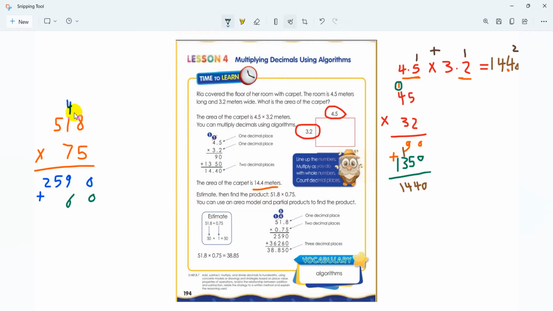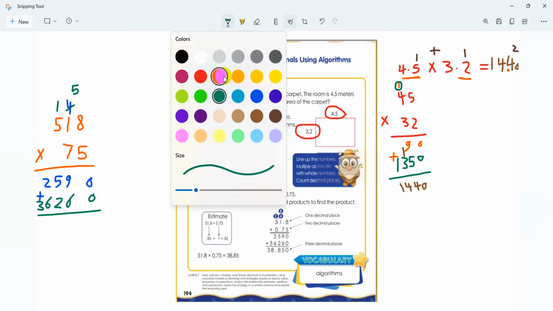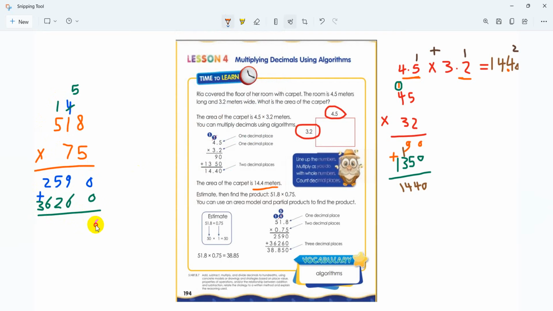and carry up 5 here over the 1. Then 7 multiplied by 1 equals 7. 7 plus 5 equals 12. We put the 2 and carry up 1. Then 7 multiplied by 5 equals 35. 35 plus 1 equals 36. And then we add at the last step. 0 plus 0 equals 0.